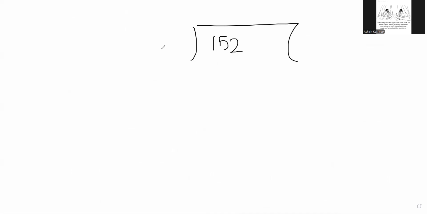Figure out how to convert 152 to base 5. If I divide by 5, what will happen? I cannot divide the first digit directly, so I'll have to divide the first two.